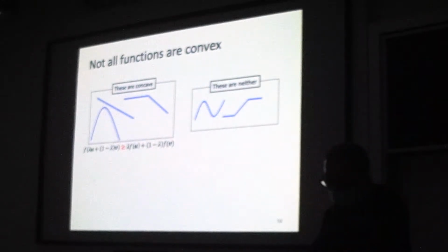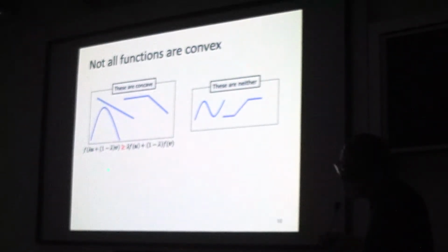And if you change the direction of the convex inequality, you require that for every pair u and v and lambda, your function evaluated at the convex combination of inputs is bigger than or equal to the combination of the function values at u and v. This set of functions is called concave functions. The simplest one would be to take the negative of any convex function.